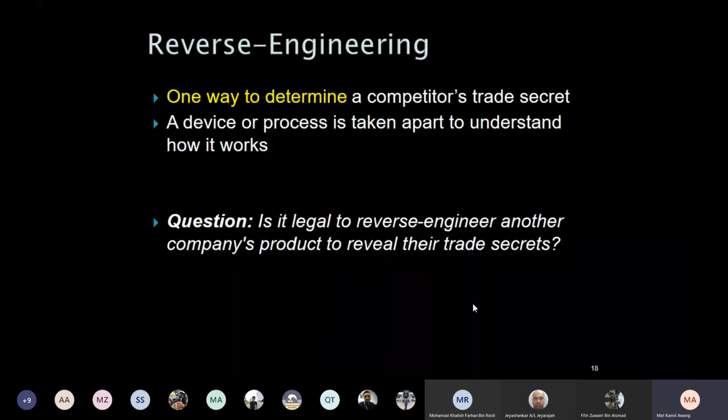The question is, is it legal to reverse engineer another company's product to reveal their trade secrets? No, sir. It is illegal, actually, but many people do it. They reverse engineer, then come up with a new one which is a bit different from the original product.